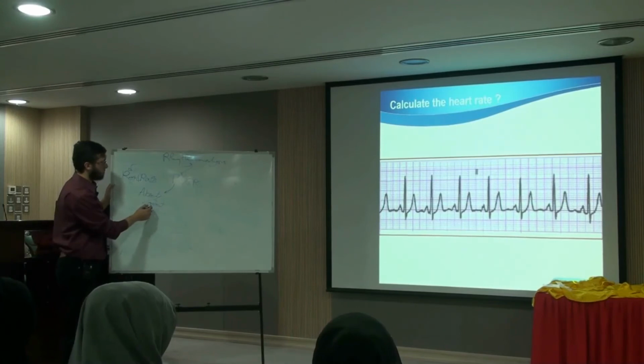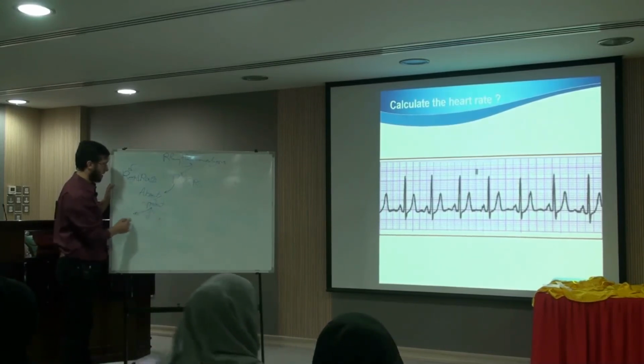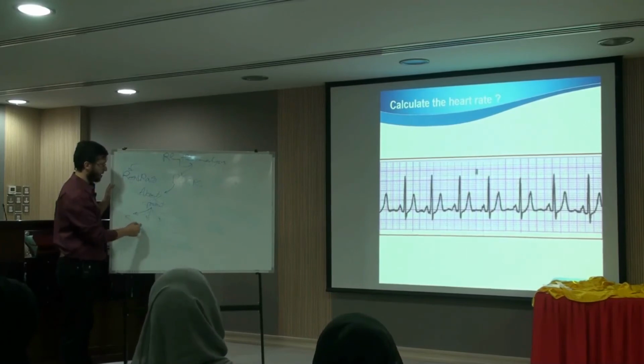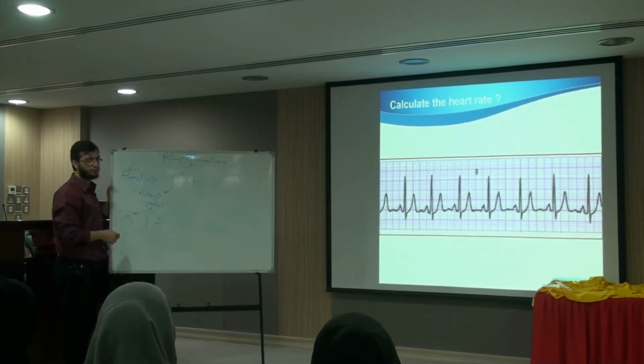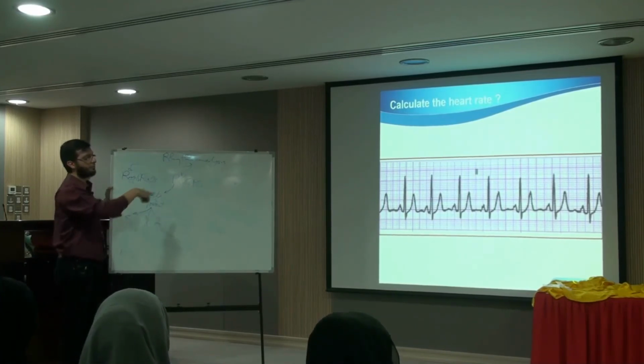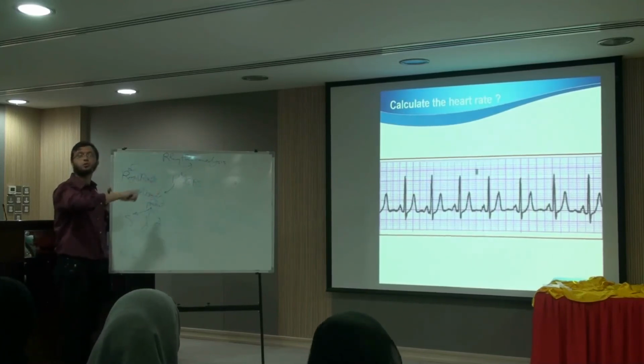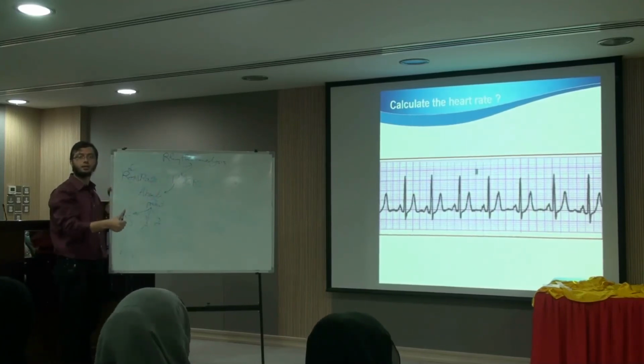If it is present, we want to see if it is always of the same size, axis, and shape or not. Whenever it is present in the rhythm strip, you need to check if all of them have the same size, the same axis, the same shape.